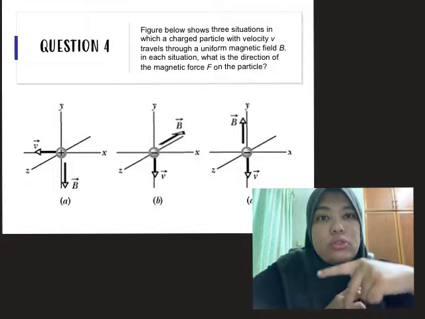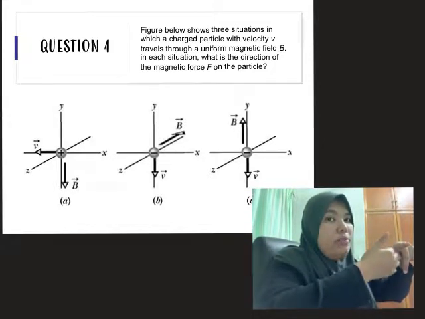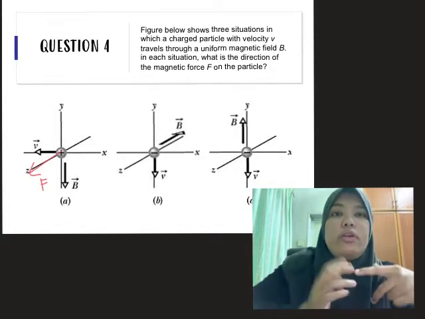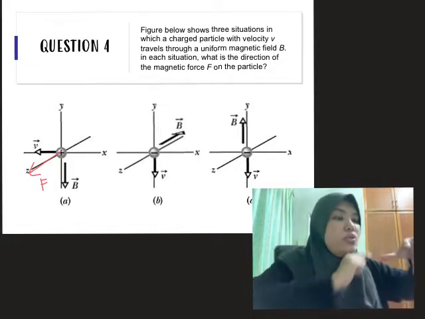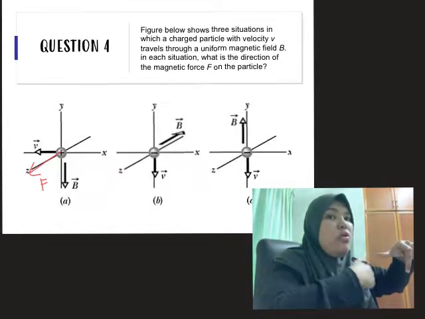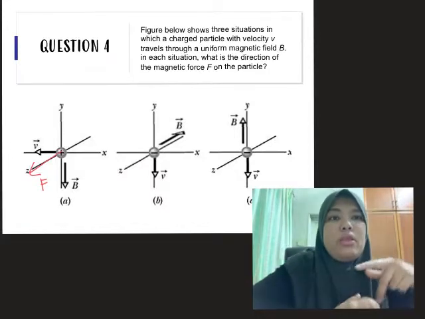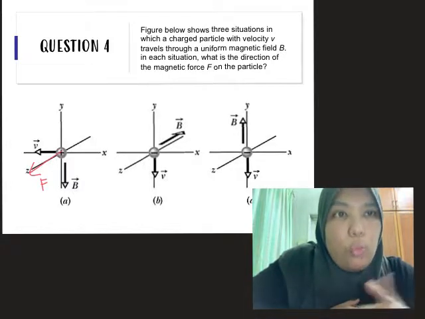But it's better to give your answer as the positive z-axis. For example, if a question already states the axis, it's better to give your answer in terms of the axis. So it's towards you, or better to put that as the positive z-axis.